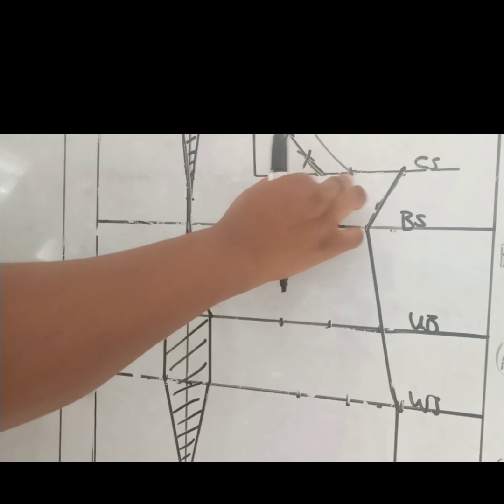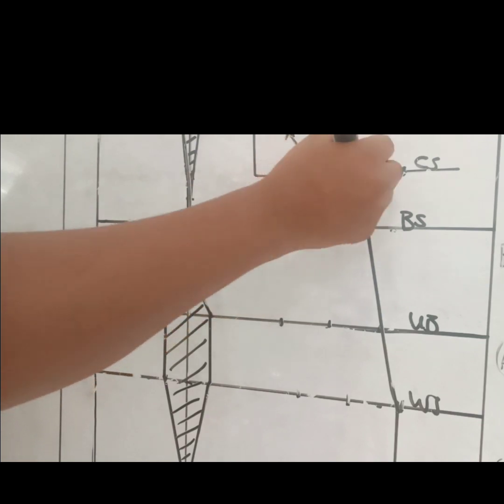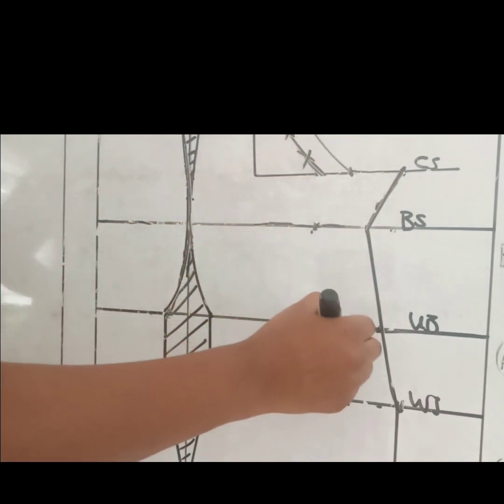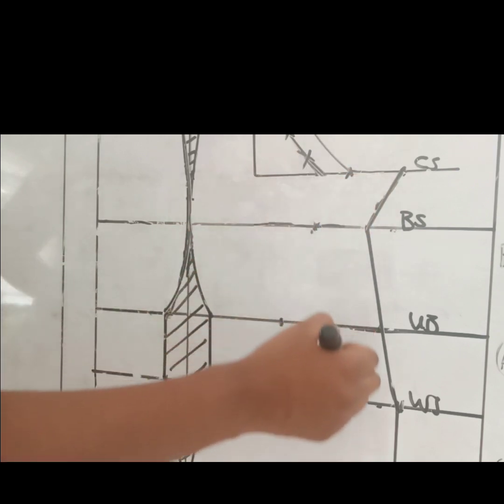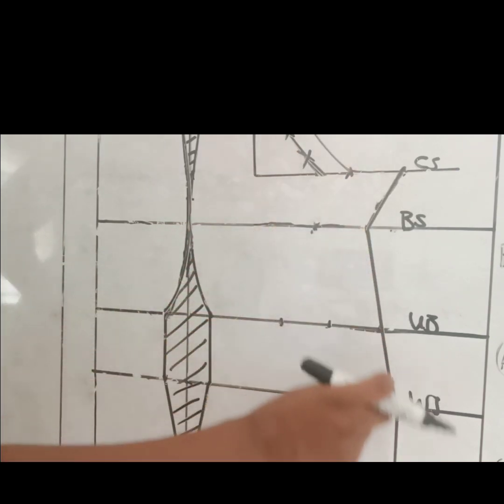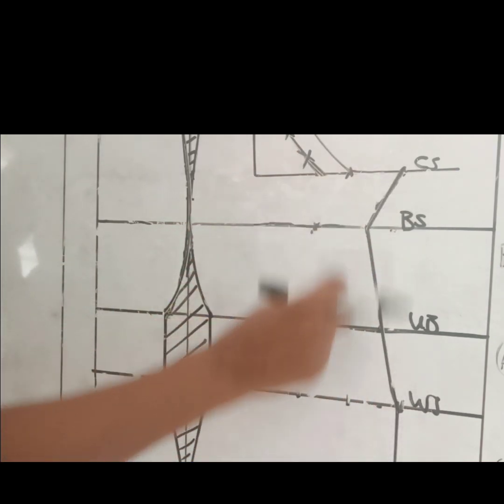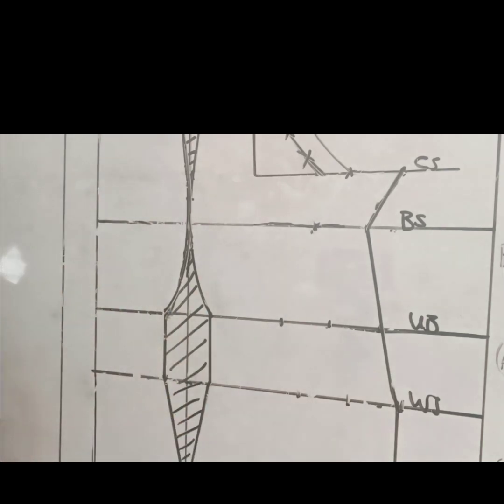So this is where we are now cutting. We are not making use of this. This is just where the normal measurement would have passed. So this part is the allowance, and then you cut.